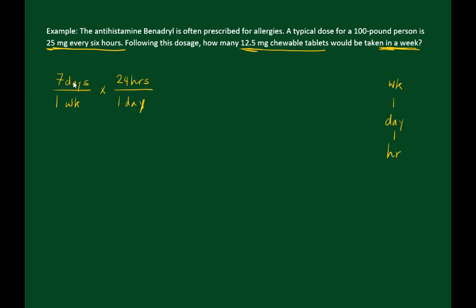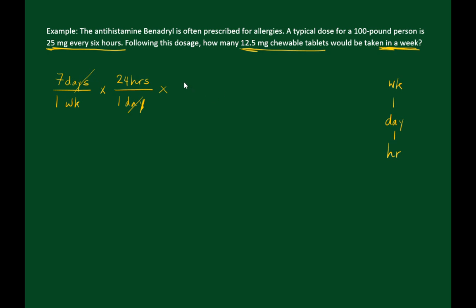Now the days will cancel. Now we want to cancel hours, and we will be able to get it in terms of tablets per week, because it's asking how many tablets we're going to be getting in each week. So the setup is correct so far. Now how do we cancel hours?